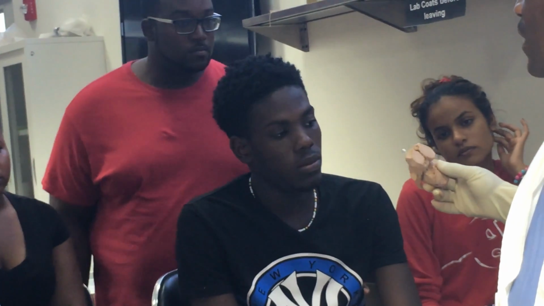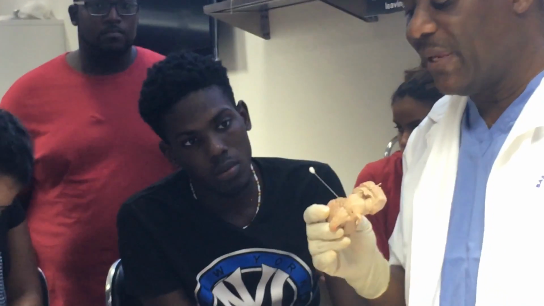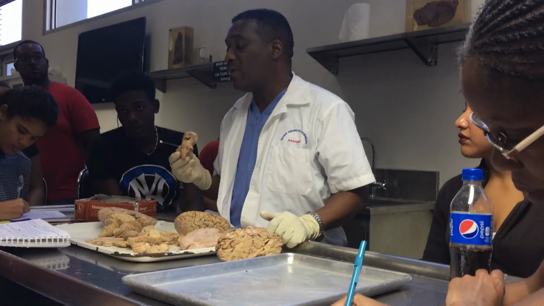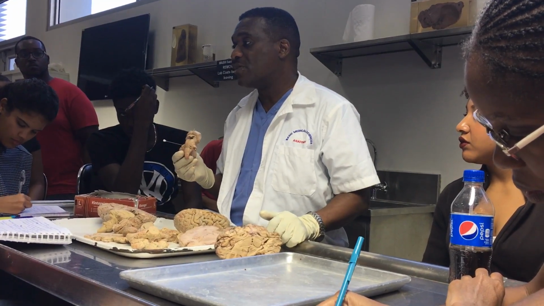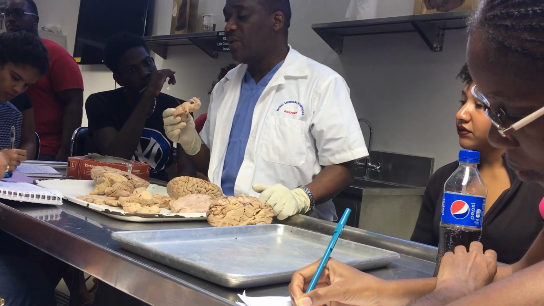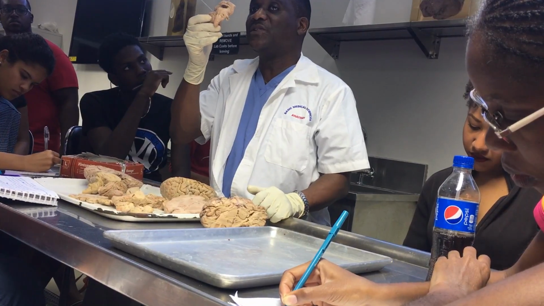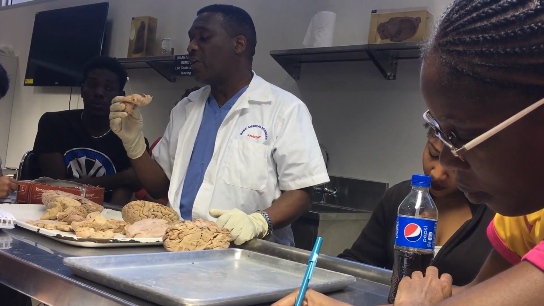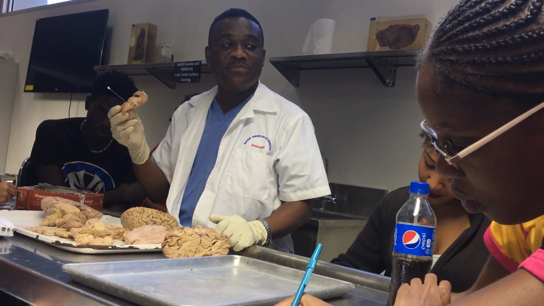What is that? Middle cerebellar peduncle. And by the way, just make a note that the inferior peduncle connects what to what? Cerebellum to the medulla. And now the middle peduncle is connecting the pons to the cerebellum.